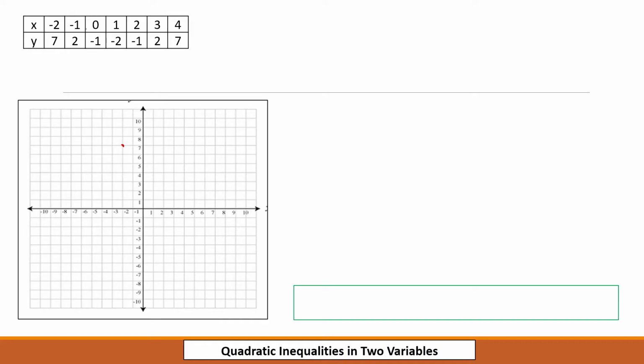Next point we have negative 1, positive 2. Next point we have 0, negative 1. Next point we have 1, negative 2.